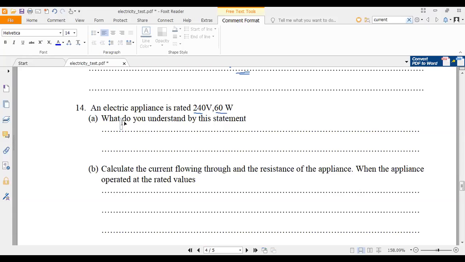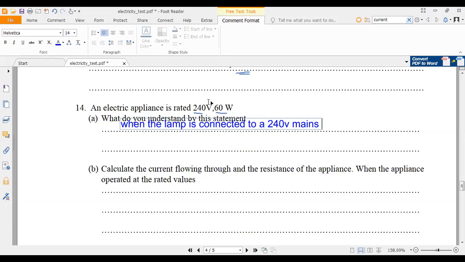So when writing this, maybe we can explain it as when the lamp is connected to a 240 volts mains, that is the source of EMF.